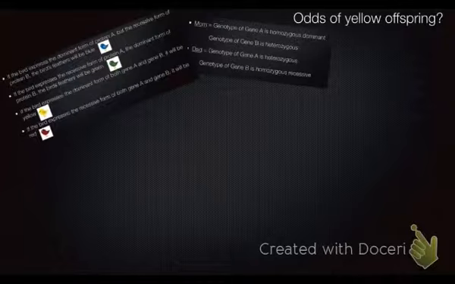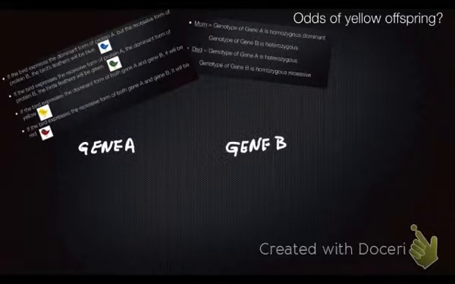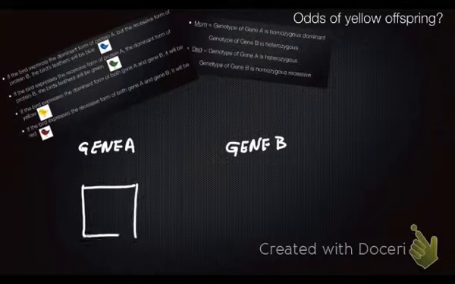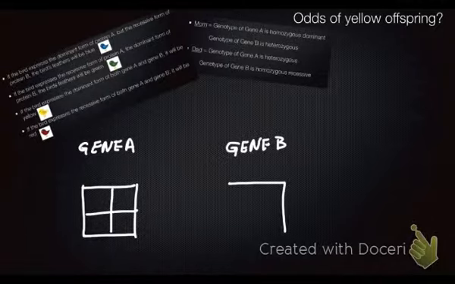So, if we're looking at two different genes, we'll need one Punnett square for gene A, and we'll need a second one for gene B. Draw the Punnett square just like we did for a normal Mendelian trait. Same deal over here.